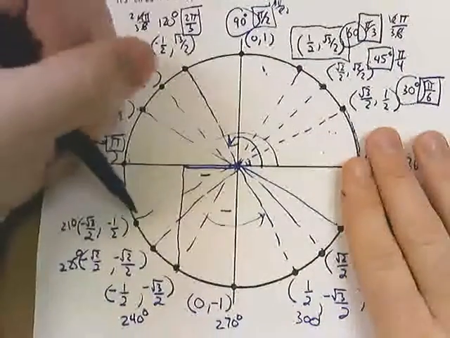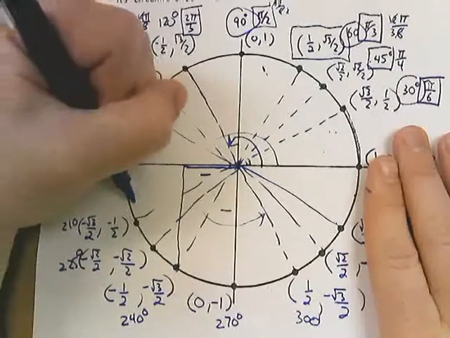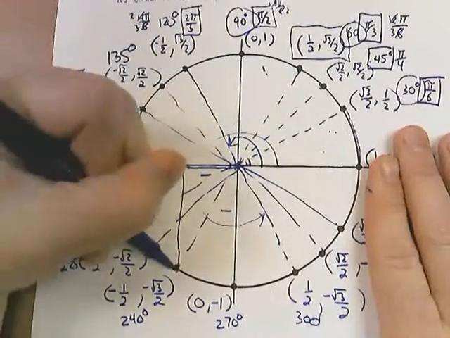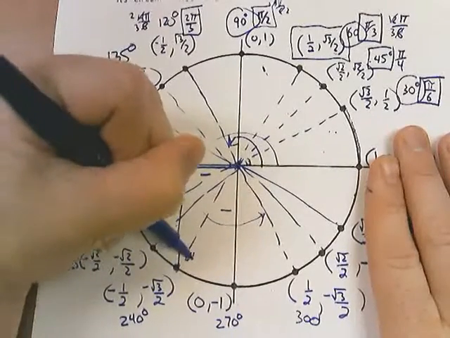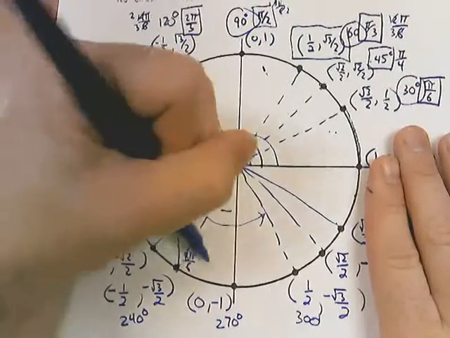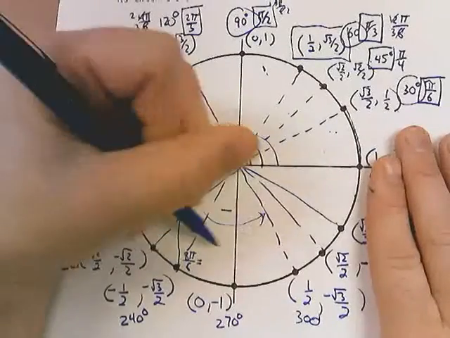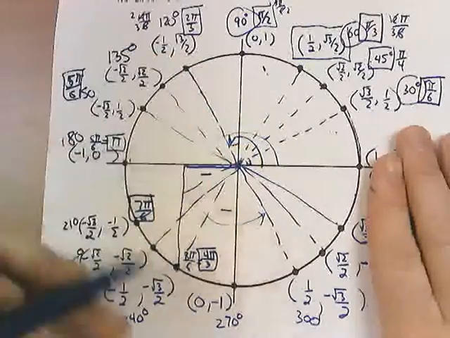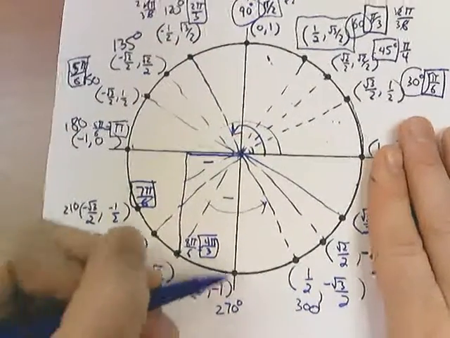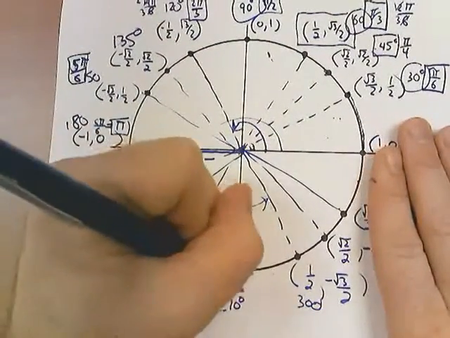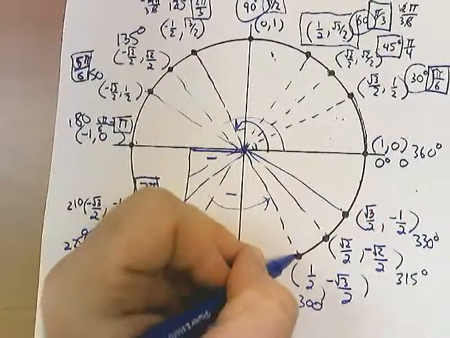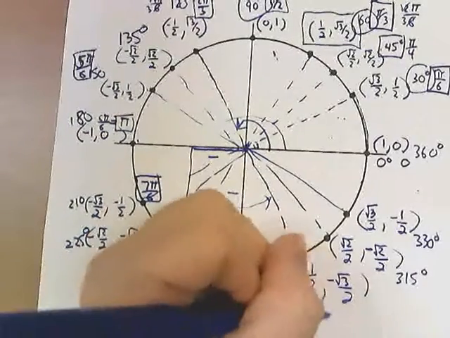So 7 pi over 6. Hop the one in the middle, so 8 pi over 6. 8 pi over 6 reduces down to 4 pi over 3. That's here. 9 pi over 6 reduces to 3 pi over 2. 10 pi over 6 reduces to 5 pi over 3.